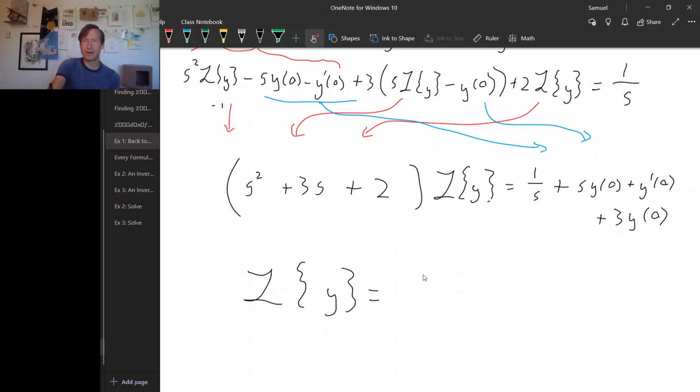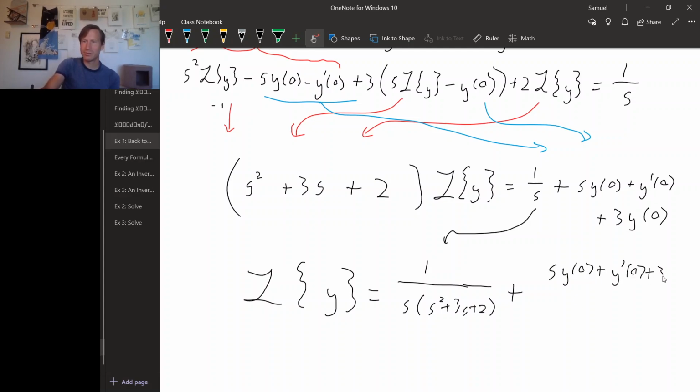So we get 1 over s, so I'm taking this first term here and just putting this quadratic in its denominator, so 1 over s times s squared plus 3s plus 2, plus, and then all these terms with initial conditions, s times y of 0 plus y prime of 0 plus 3y of 0 all over s squared plus 3s plus 2.